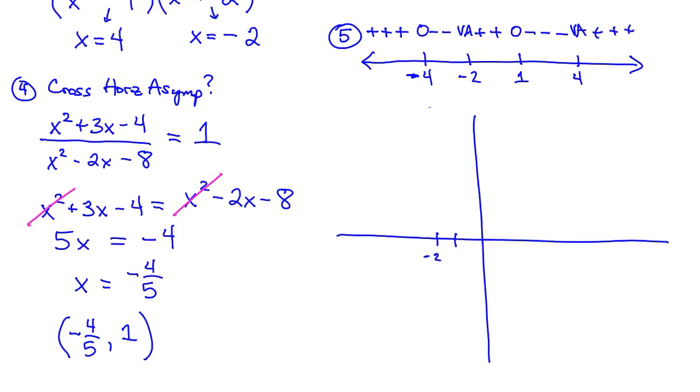Negative 2, negative 4, 1, 2, 3, 4, and 5. So we have a vertical asymptote at x equals negative 2 and x equals positive 4. We have a 0 at x equals negative 4 and x equals 1.